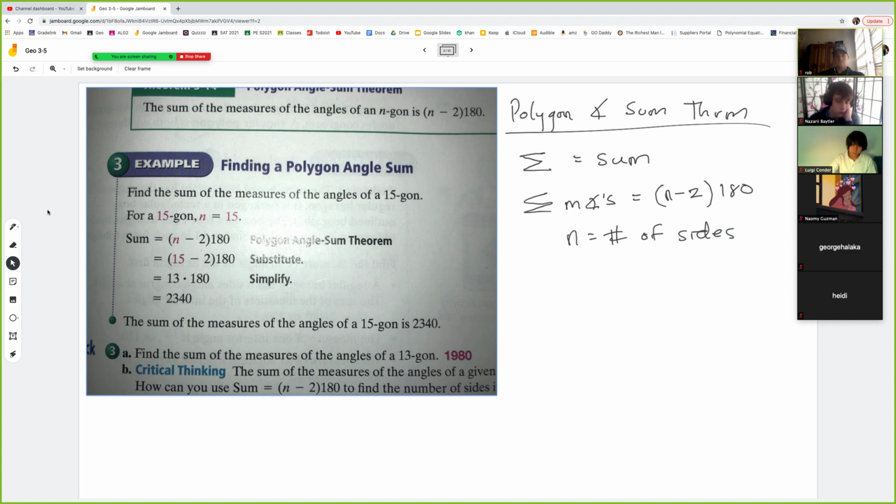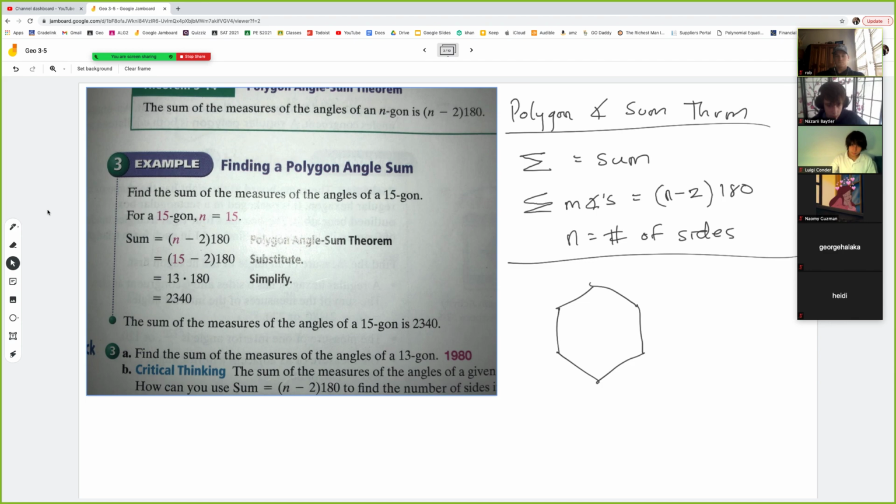All right, so let's go ahead and create an n-gon. All right, so you guys should be able to see this is a hexagon. It's got 6 sides, right?